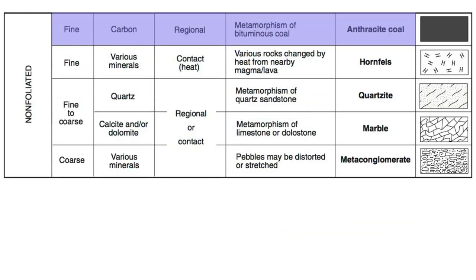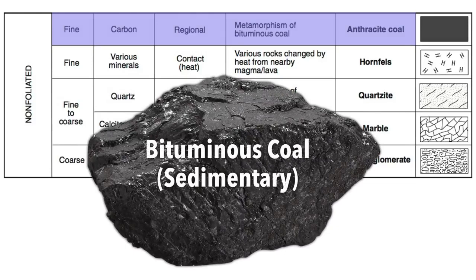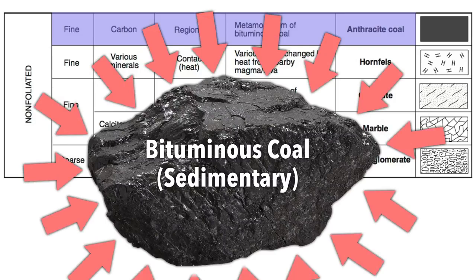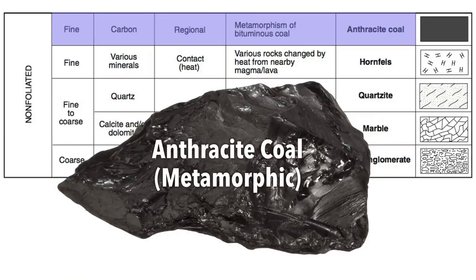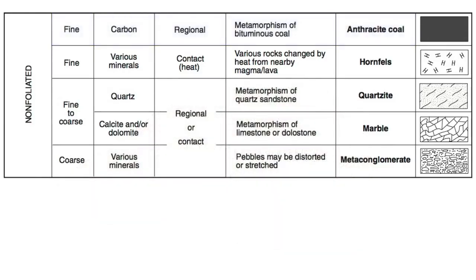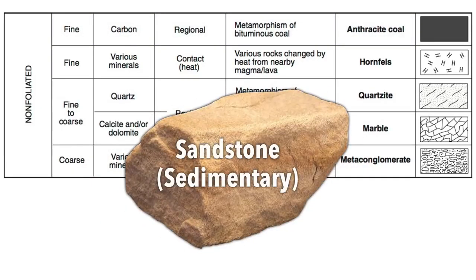Now, if you recall, there was a sedimentary rock known as bituminous coal. Well, if you take bituminous coal and you had intense pressure, it will metamorphose into a new rock that looks similar, but is much more dense. And this is called anthracite coal, and it is a metamorphic rock. This same idea can actually happen to other rocks, like this sedimentary rock sandstone, which we mentioned earlier.